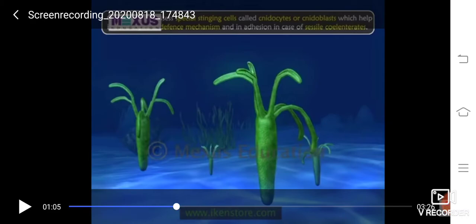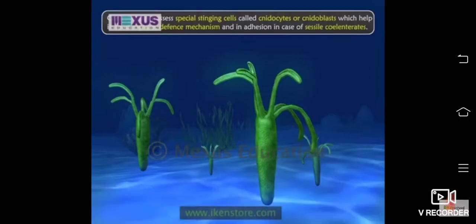These are going to sting the prey, and therefore it will be easy to capture the prey, and it is going to help in defense mechanism also. Means it can defend itself because of the stinging cells, and also in adhesion in case of sessile coelenterates. Means if it wants to attach to some place, then it helps in adhesion also.